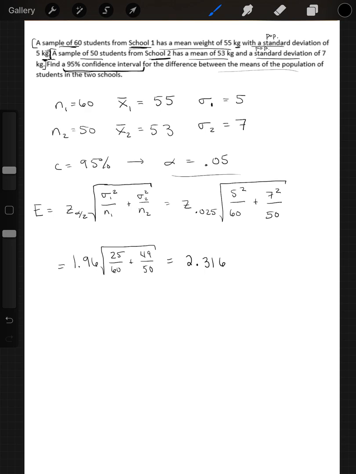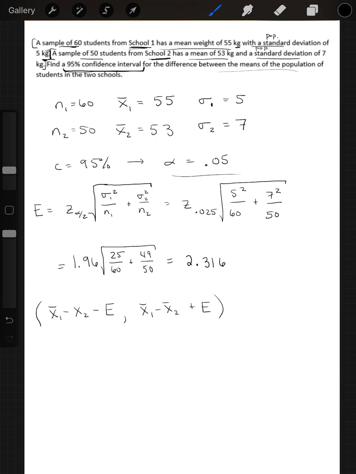And so now we know that our interval is x1 bar minus x2 minus e, x1 bar minus x2 plus e.